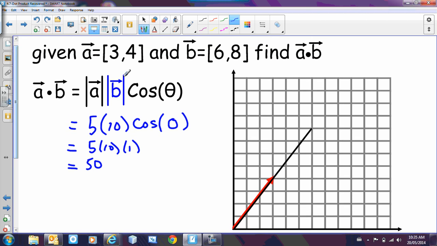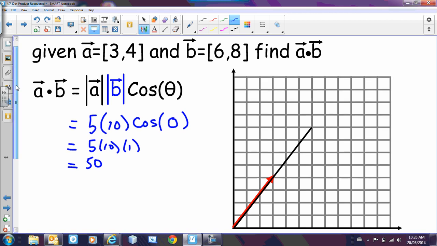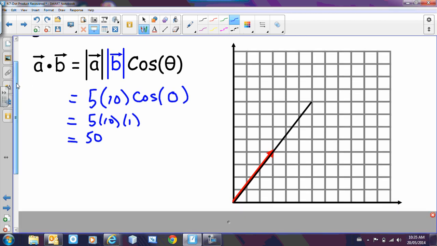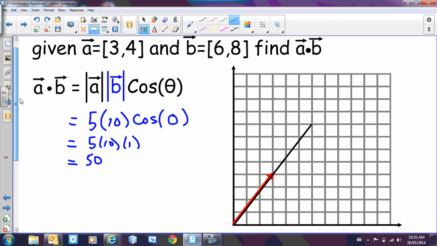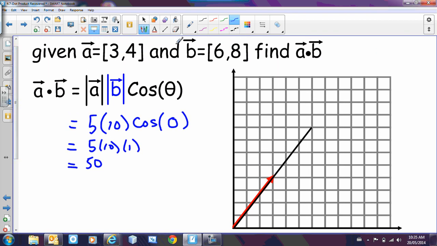That said, if the angle had been anything other than 0, it would have been pretty difficult for me to try to figure that out. Turns out, though, that if I just look at the numbers here, I have a 3 and a 6 in the horizontal direction. I have a 4 and an 8 in the vertical direction.